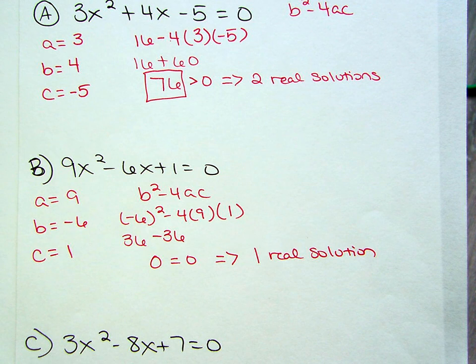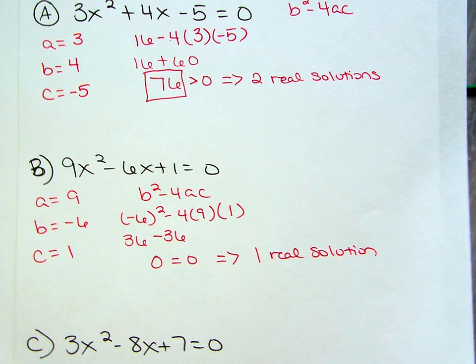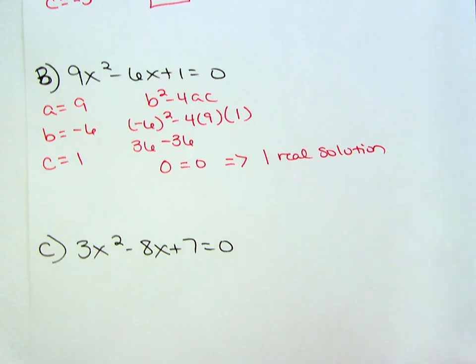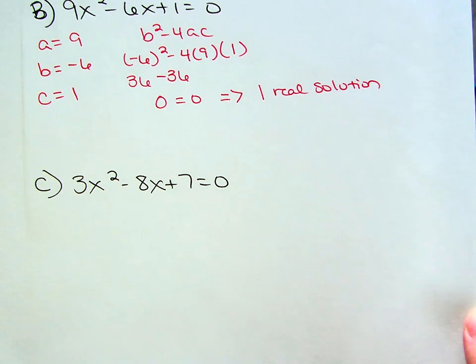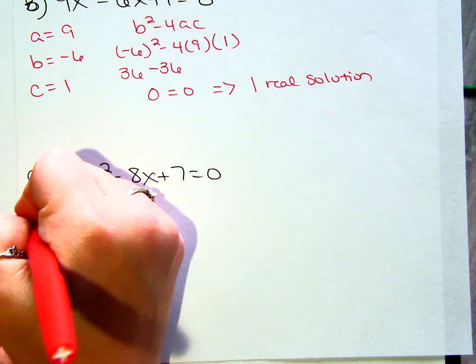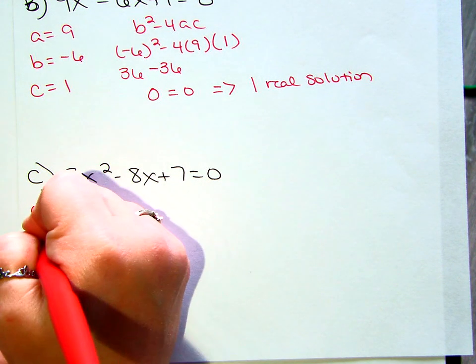And since I'm showing you an example of each of them, you can probably logically deduce what's next, but I'm still going to show you what it looks like. A equals 3, B equals -8, and C equals 7.